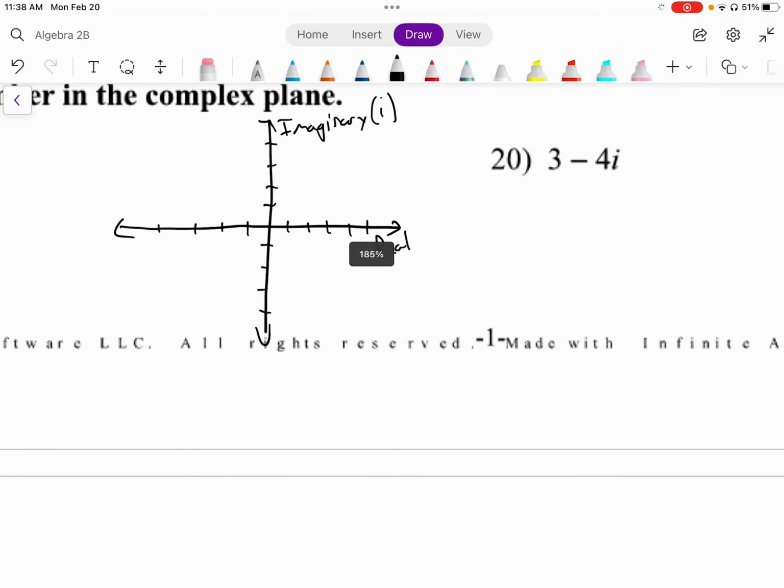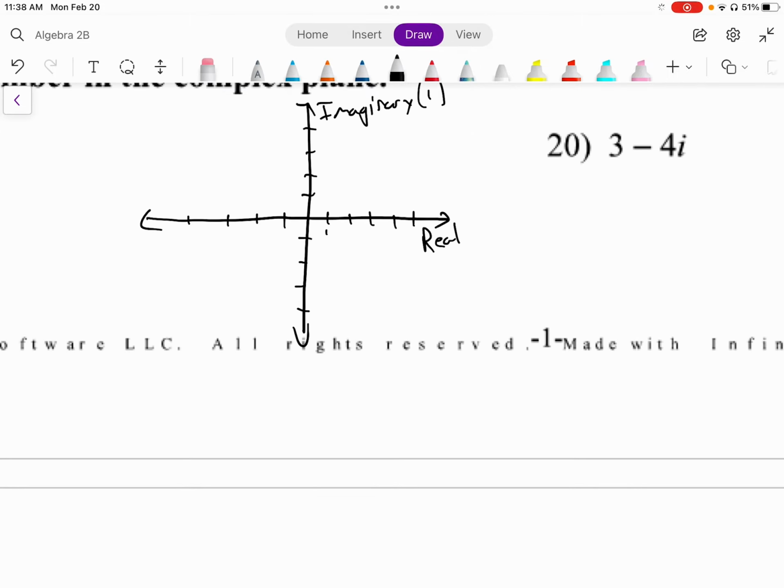So on our real axis, this is 1, 2, 3, 4, 5, -1, -2, -3, -4. We have i, 2i, 3i, 4i, and -i, -2i, -3i, and -4i.